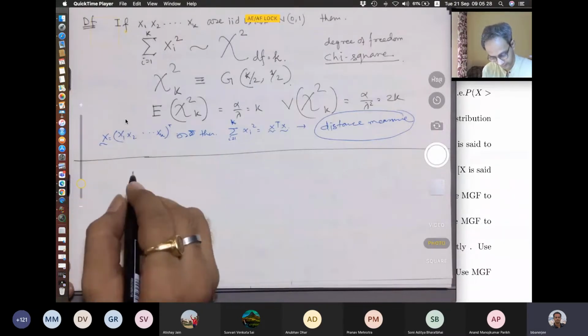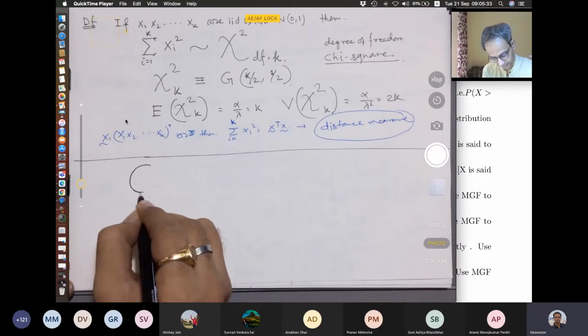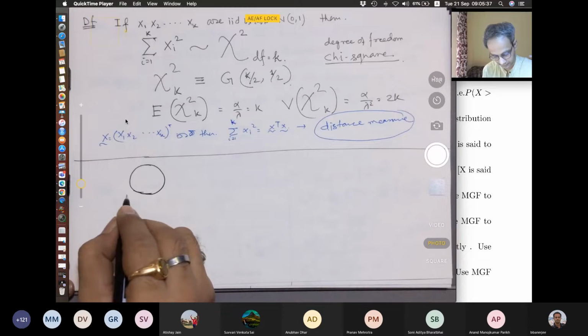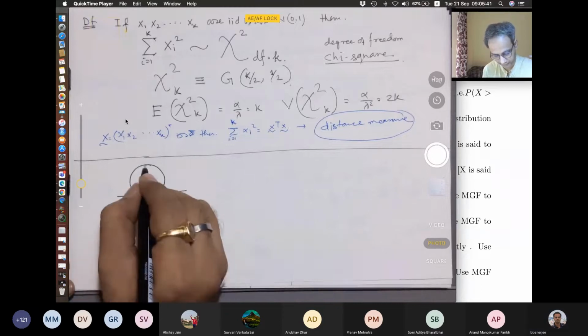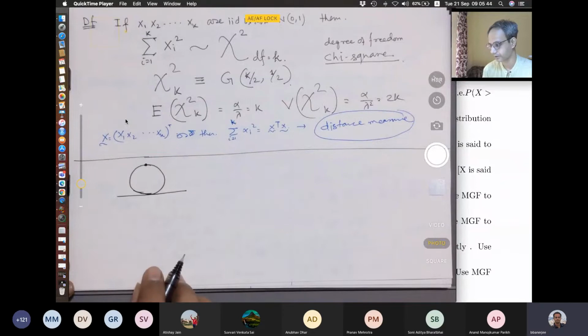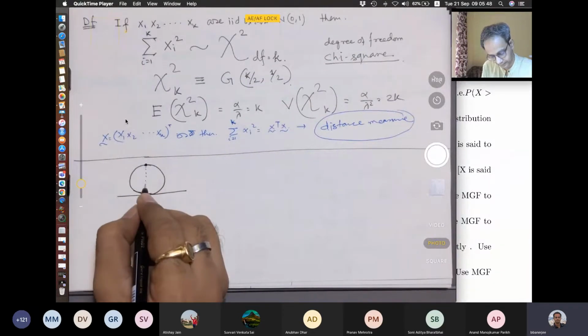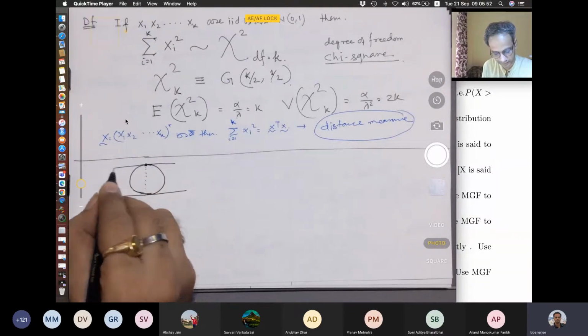Suppose you have a situation like this: there is a circle, and here is a line, and here is a top point. You can think that the line is also going there, imaginary.